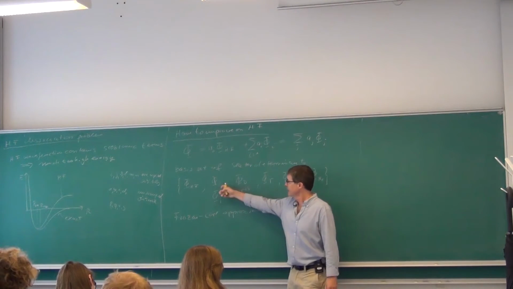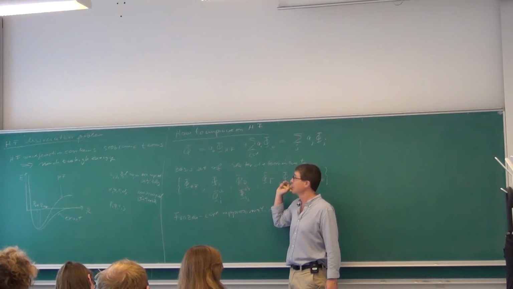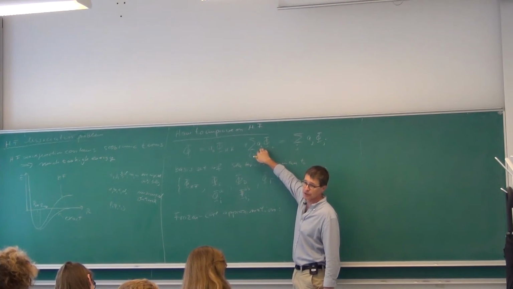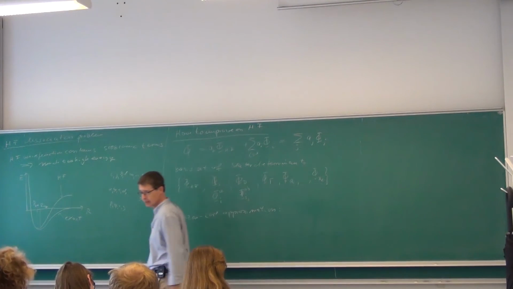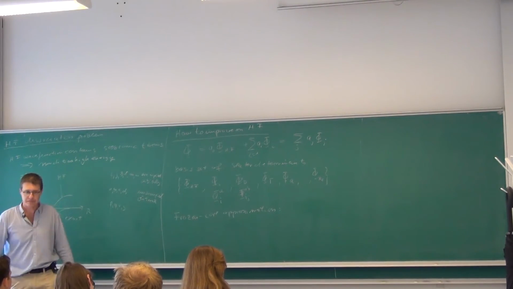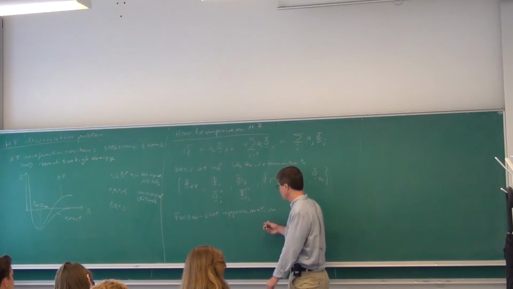So you get fewer single, double, triple excited determinants, and therefore there are fewer coefficients which you have to determine. The whole problem becomes smaller. The calculation becomes faster. And you're going to play with that next week first, but we're going to play with that.